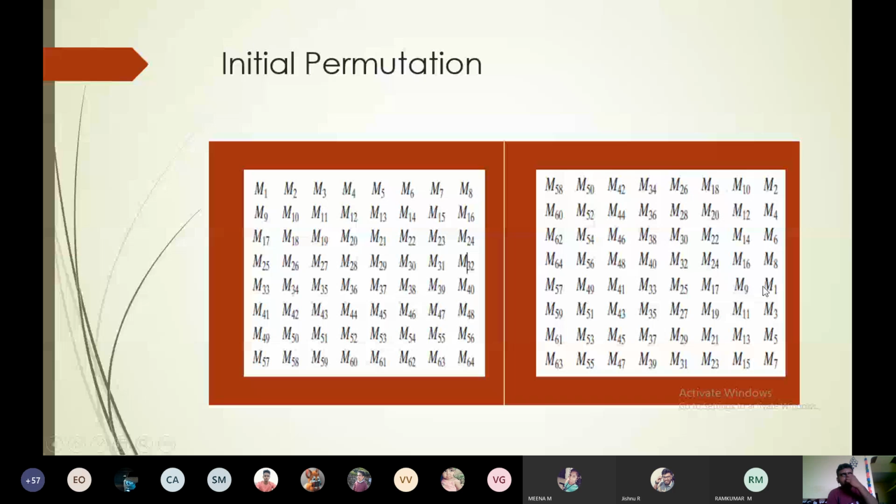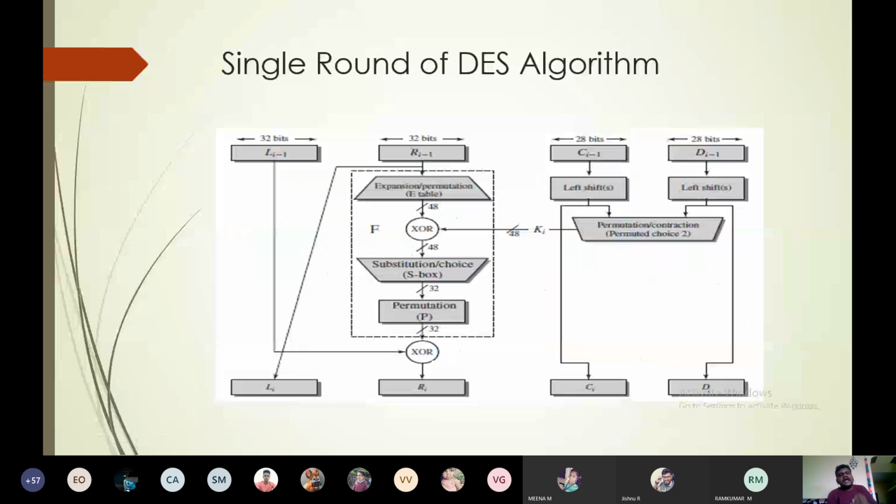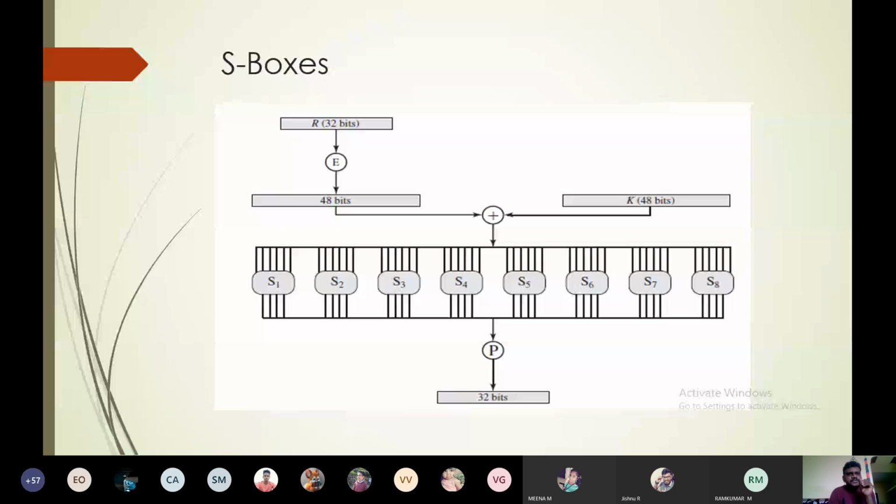So A is replaced as yes, and the place is also restored after inverse initial permutation. This is the inverse initial permutation. This same thing happens through round 16. Clear? So this is the explanation of this algorithm.